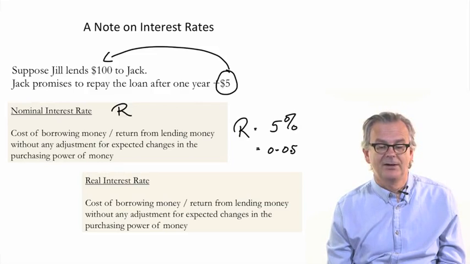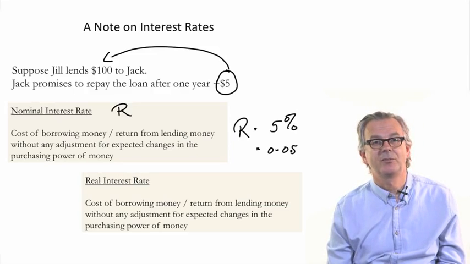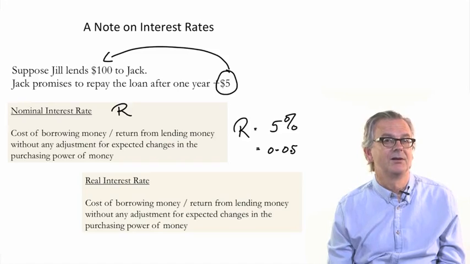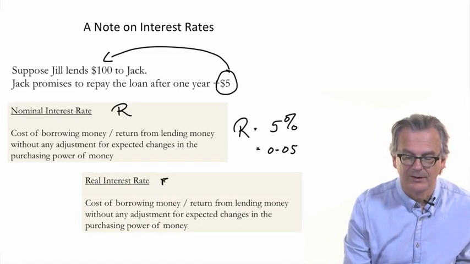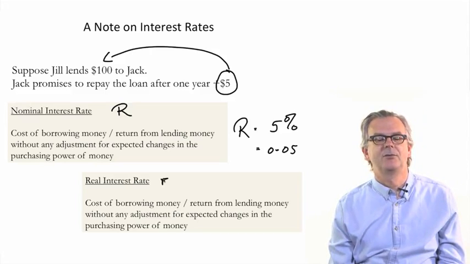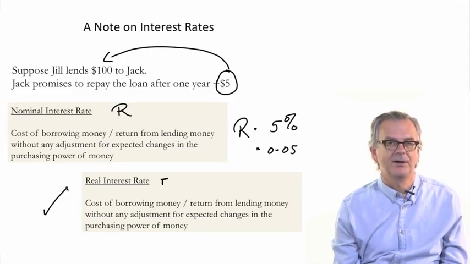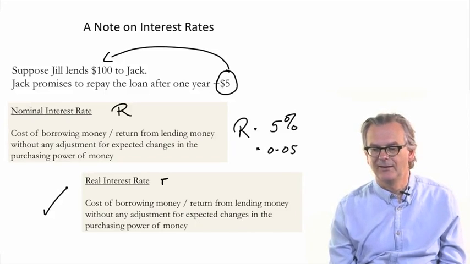The real interest rate takes into account any expected changes in the purchasing power of money that might occur over the life of the loan. It's taking into account, if you like, the rate of price inflation that is anticipated over the life of the loan. And that's going to make a big difference. And I'm going to use lowercase r to represent the real interest rate. Let me repeat, it's the real interest rate that matters for decisions about borrowing and lending.